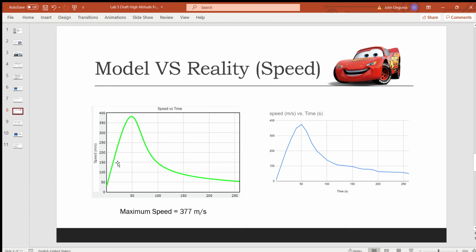That's, of course, because as the diver goes lower, the air is getting more and more dense, which means that drag force is increasing and their terminal velocity is decreasing. You can also see speed is never the same for long. That's because we're experiencing a non-constant force of drag.